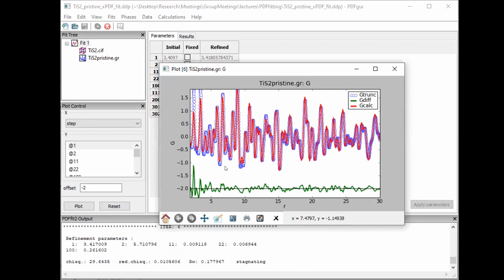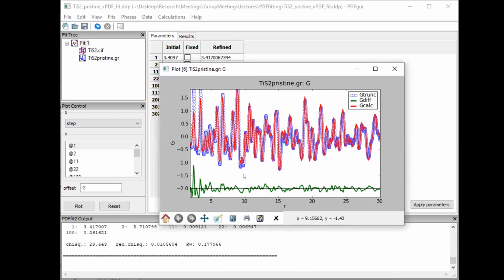So you can visually see the improvement of this fitting. And also, I think you can have some idea what is causing the problem, because the long R range has already been nicely fitted, but apparently this one is causing the problem.